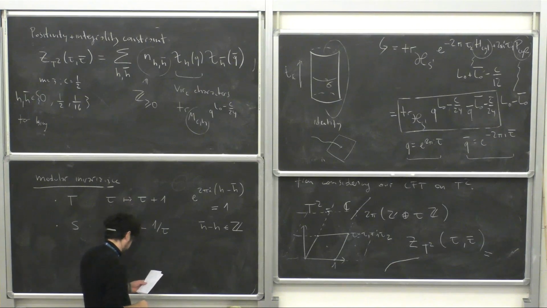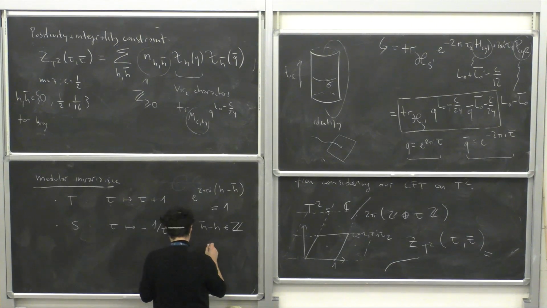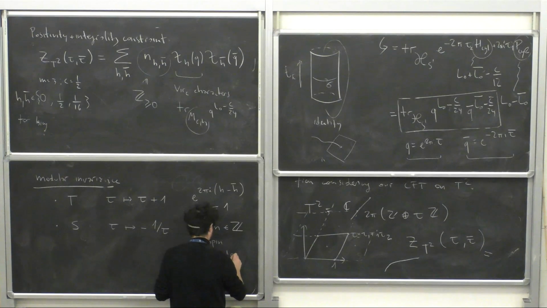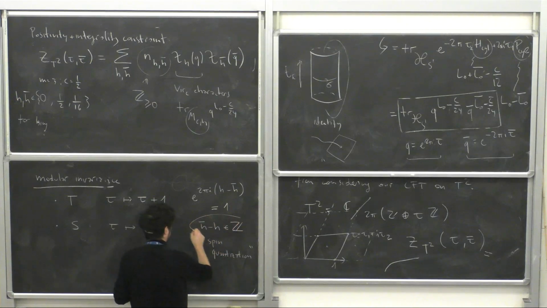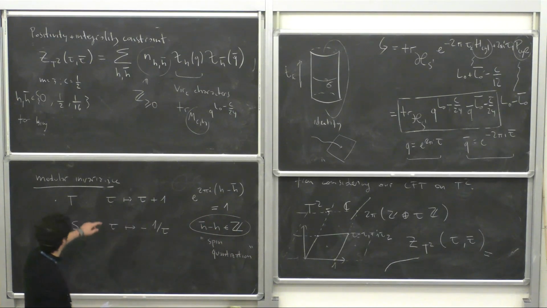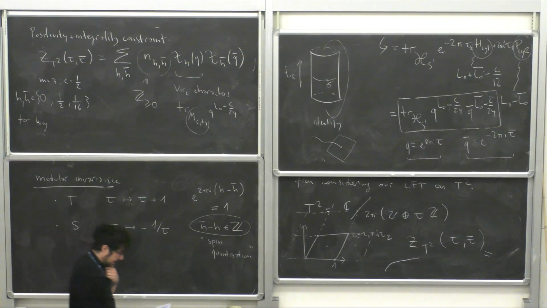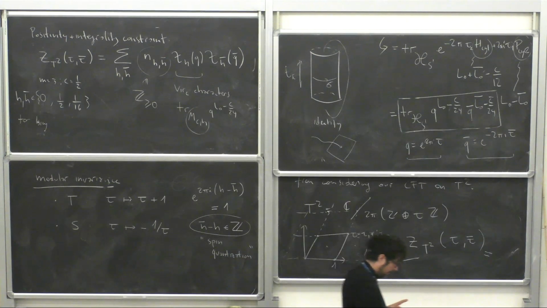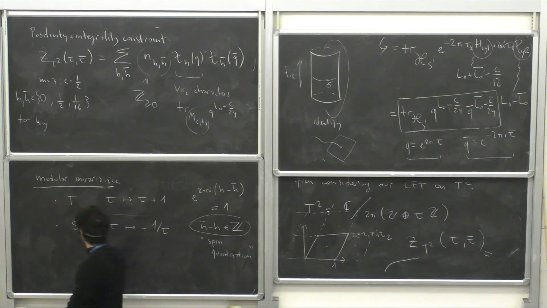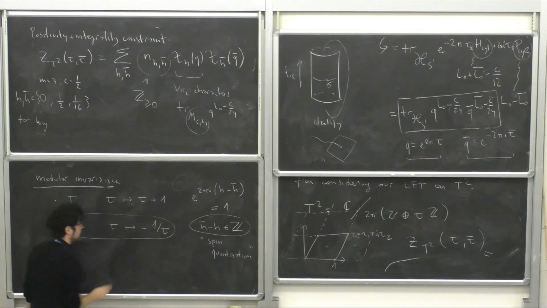This condition is also called spin quantization. It is a consequence of the invariance with respect to T. Now, as far as the invariance with respect to S, this is more powerful, but also slightly more tricky to implement.